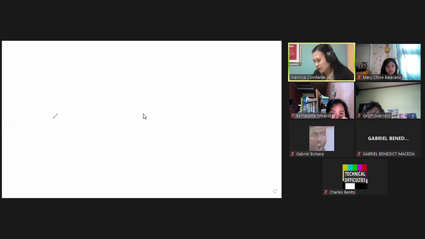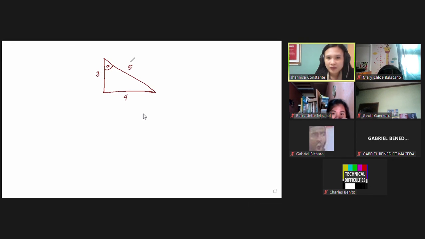Let's say we have this triangle, and we're going to solve for angle A. The given measurements of the sides of the triangle are 3, 4, and 5.